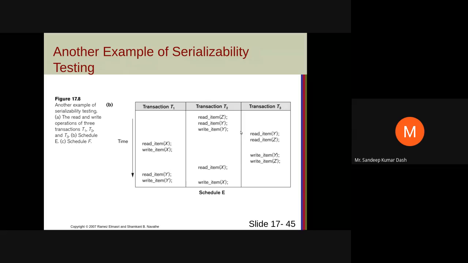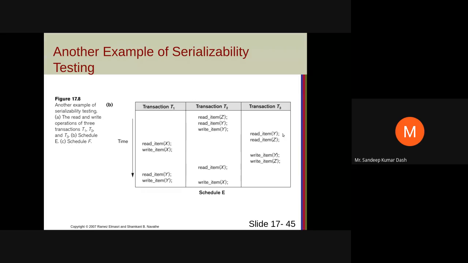Interleaved means you are not performing T2 first, then T3, then T1. You are performing the first 3 operations of T2, then 2 operations of T3, then 2 operations of T1, then again 2 operations of T3, 1 operation of T2, 2 operations of T1, 1 operation of T2. So they are all in a zigzag manner.